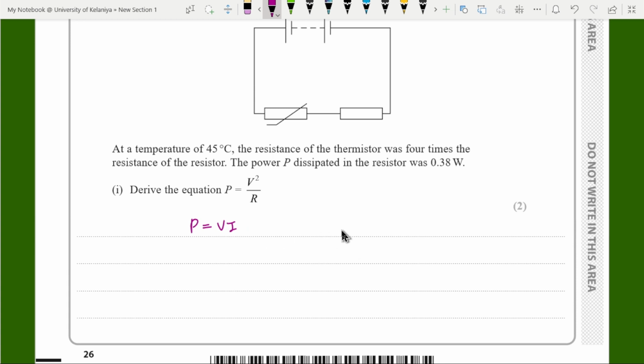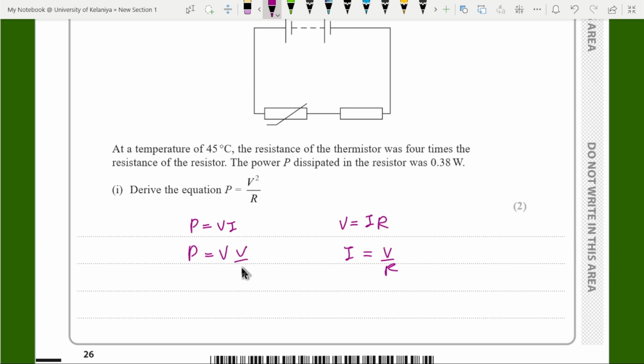P equals VI. Then you have to use V equals IR. So what I'm going to do over here, to derive this in one or two steps, we have to make I the subject. I is equal to V over R. Now you can place V over R instead of I in here.